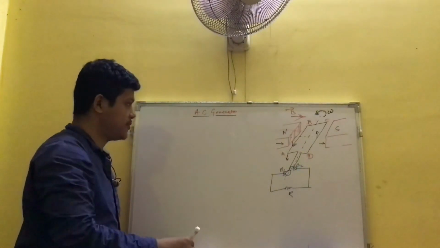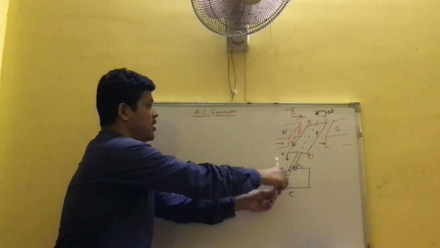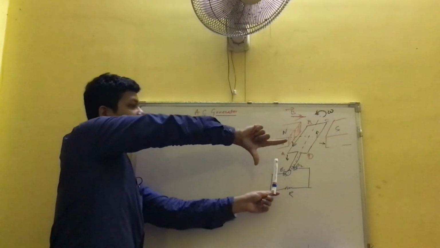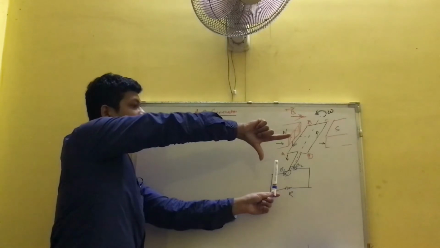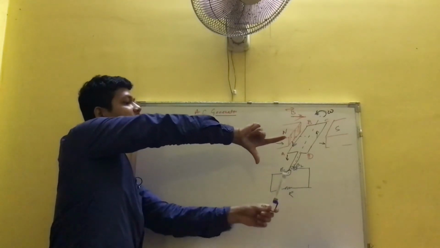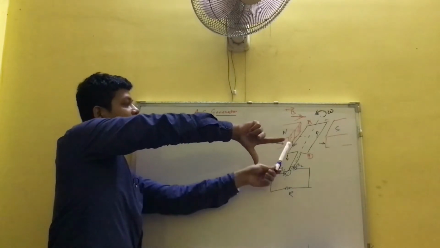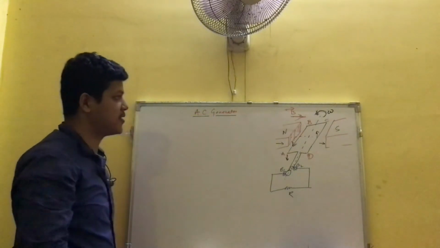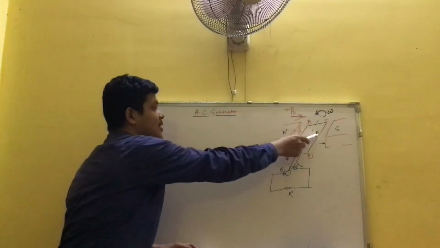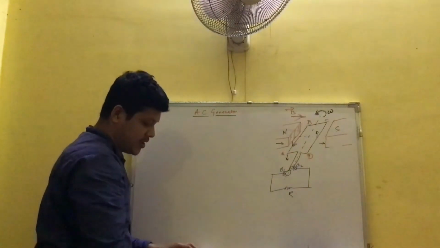So let me show you. It is pushed downward, that is the thumb, and the direction of the magnetic field is the first finger, and here you can see this middle finger is the direction of current. It is moved downward and this one is moved upward, so in the opposite direction.